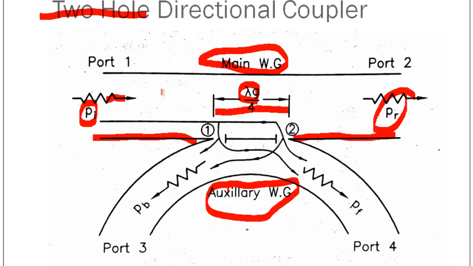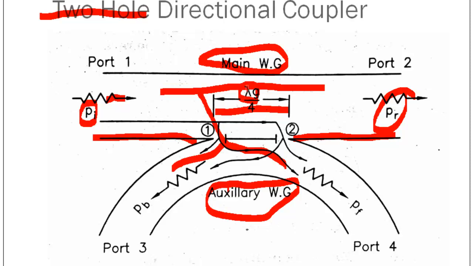When the power is traveling from port number 1 to port number 2, there are two holes, right? Hole 1 and hole 2. The particular power is sampled by the first hole in this direction as well as in this direction, right?